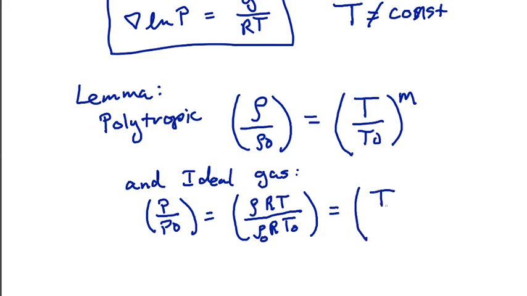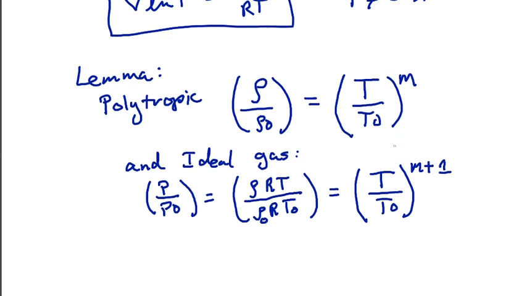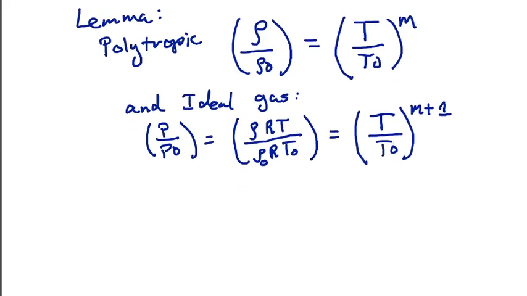And so this is T over T naught to the m, that comes from our density bit, and then plus 1 since it's multiplied by temperature here. P goes as T to the m plus 1, rho goes as T to the m. M in both of these cases is called the polytropic index, and we'll come back and revisit it shortly.